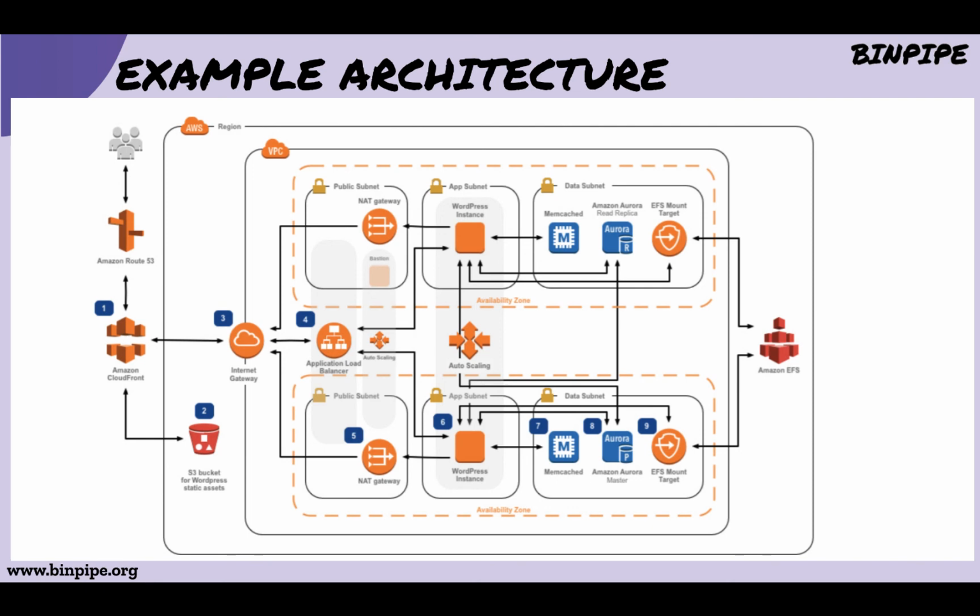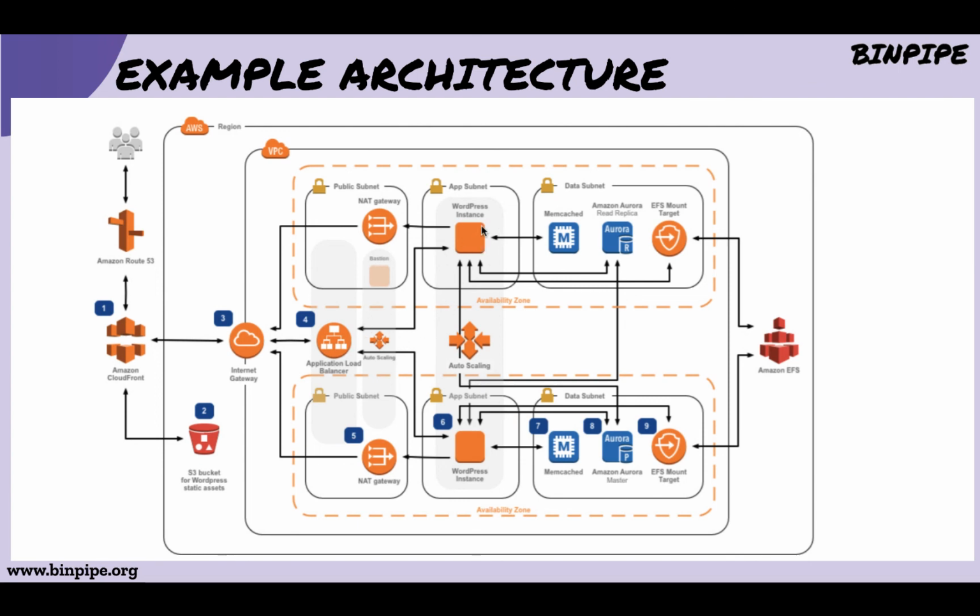But there are other routing algorithms as well. One of them is least connections first, where the traffic goes to the server with the least number of connections at that point in time. So this is how the traffic is load balanced.